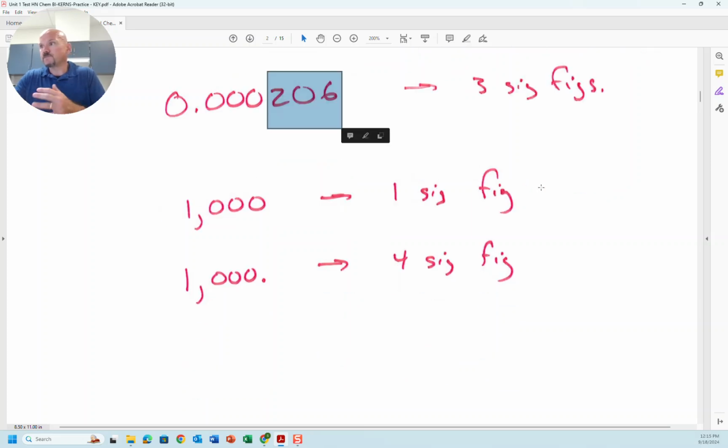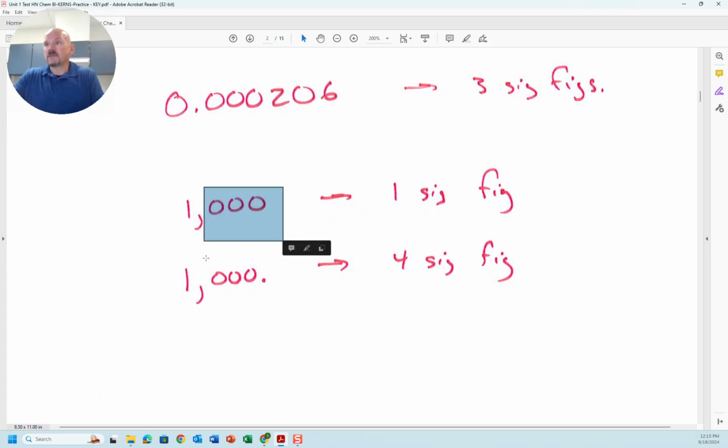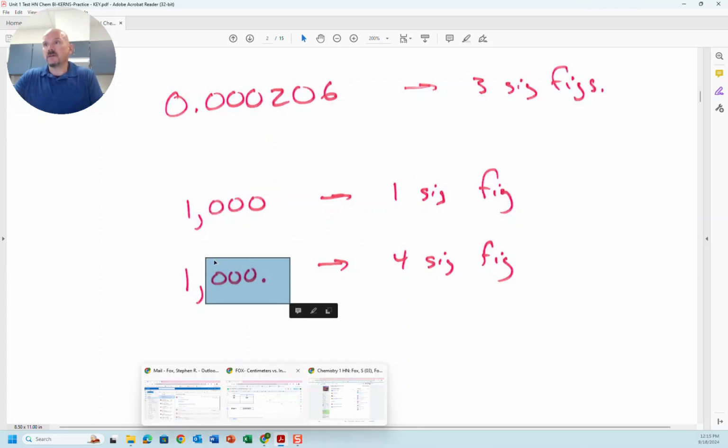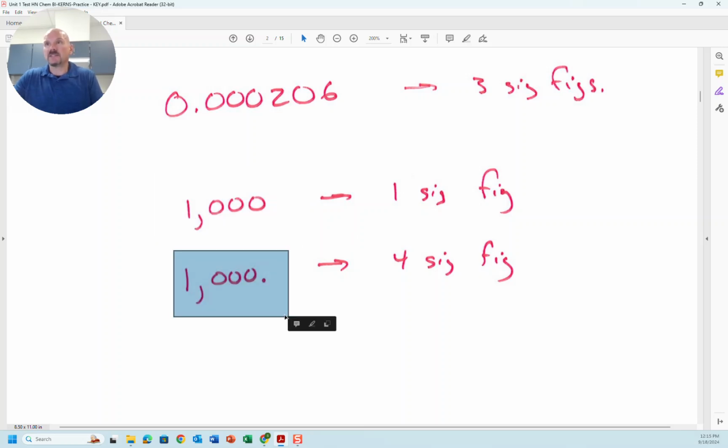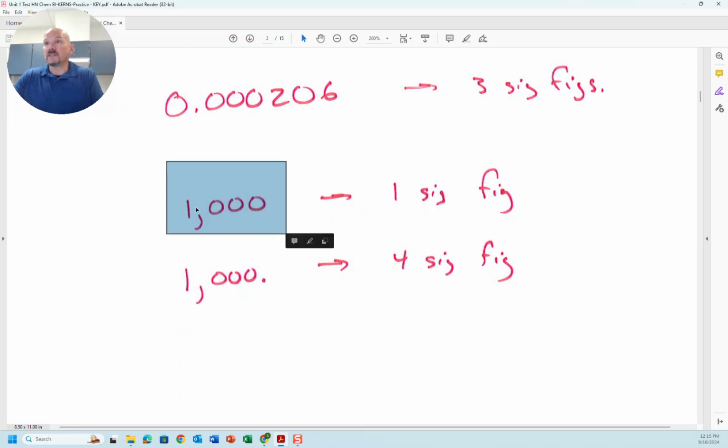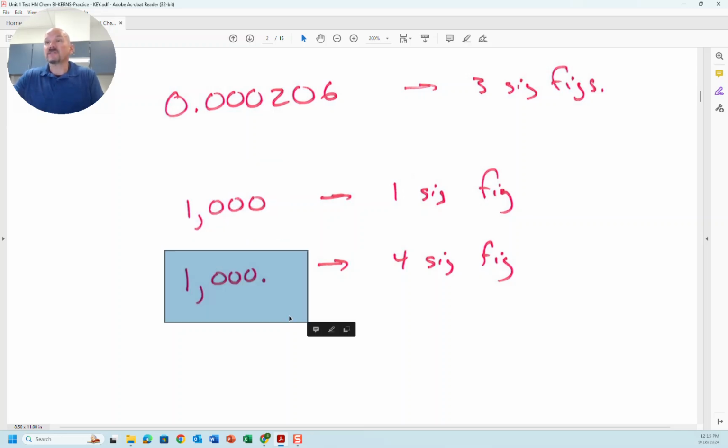Now let's talk about the trailing zeros, right? These would be classified as trailing zeros. These would be classified as trailing zeros. The value of this number, 1,000, is the same as the value of this number, 1,000. The difference is how many sig figs. This is 1,000 with only 1 sig fig. This is 1,000 with 4 significant figures.